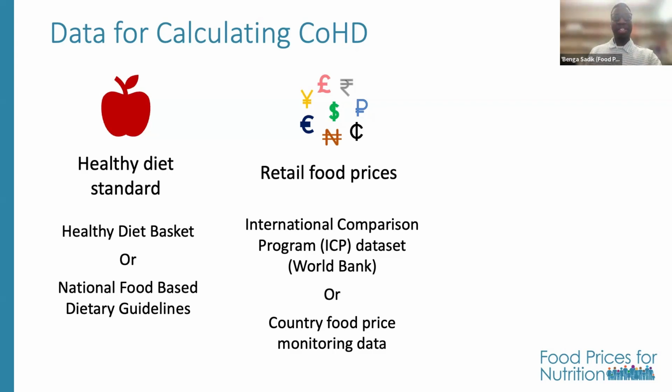The main difference between these two is that the country level food prices have more local food items, and we'll see from some of the examples how this is so, and they're usually monitored more frequently. So from this, we need the price per unit sold in the local market. For each of the food items that we are monitoring, we use the price per unit sold to calculate the cost of a healthy diet.